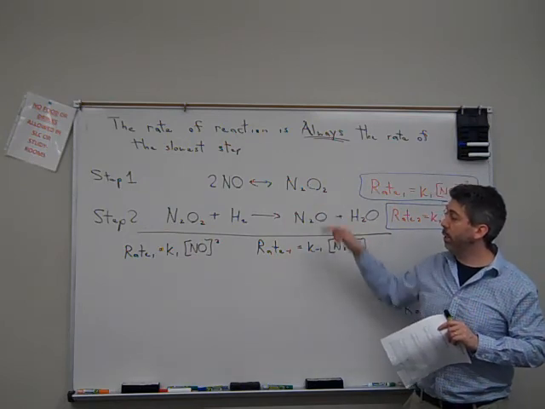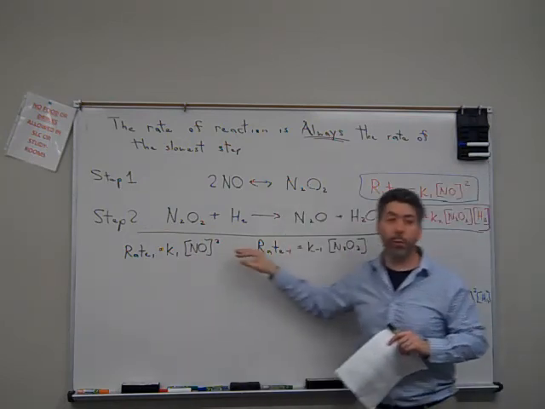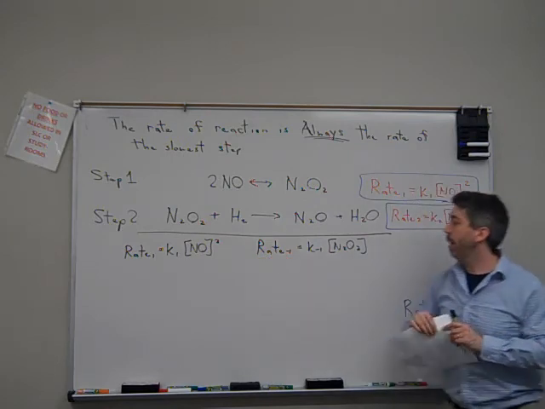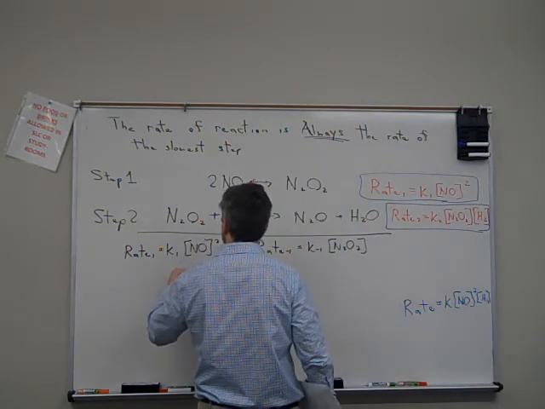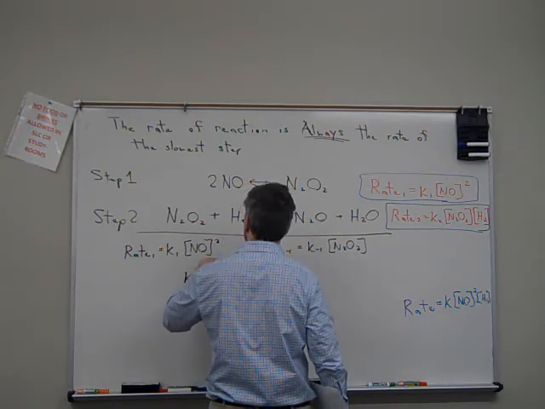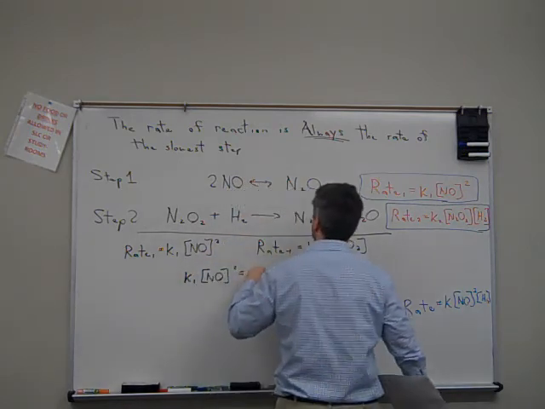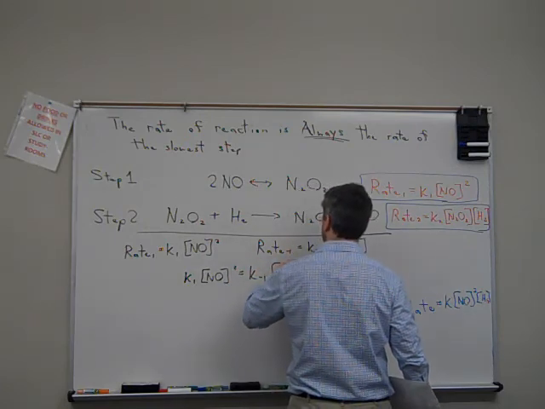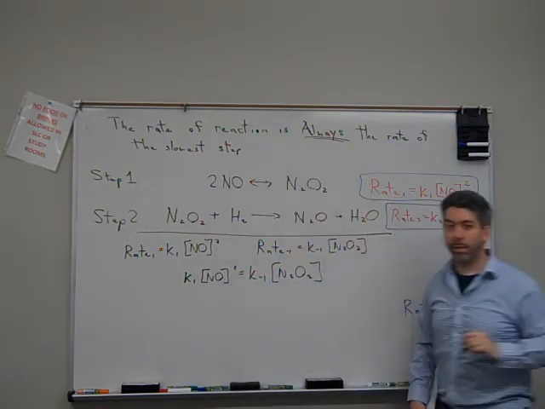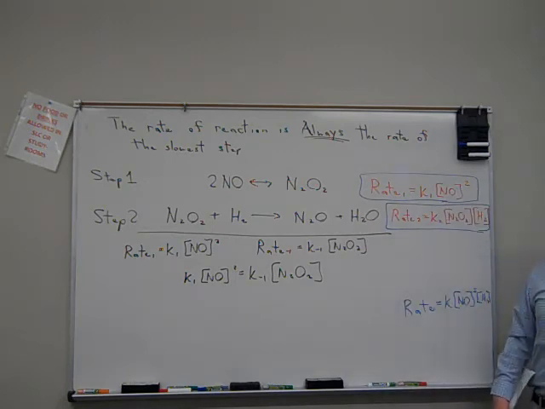Now, because it's in equilibrium, which means the forward rate and the reverse rate are equal, I can set them equal to each other and say K1 times NO squared is equal to K negative 1 times N2O2. Does that make sense?